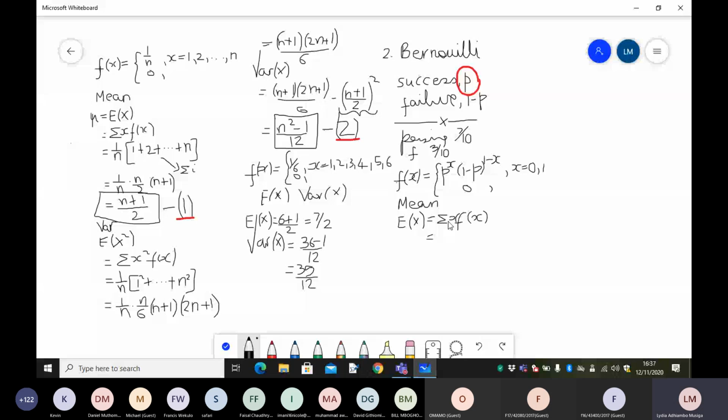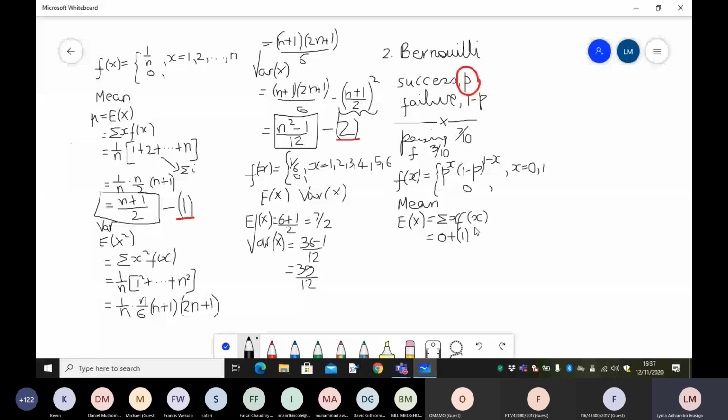When x is 0, x f of x is just 0 because x takes value 0. When x takes value 1, then x is there taking value 1. And what is f of 1?